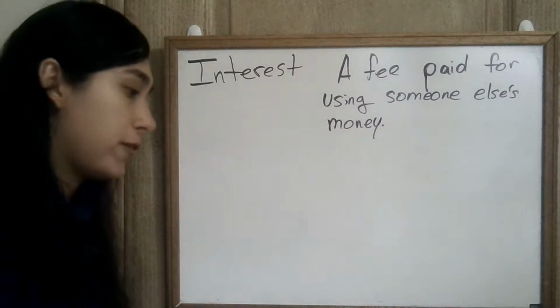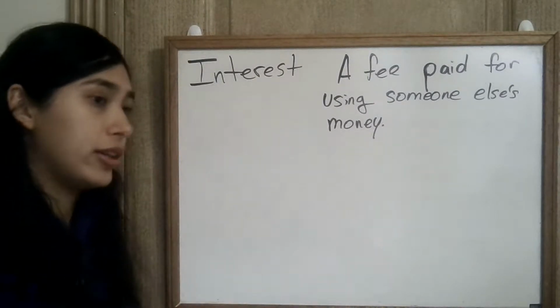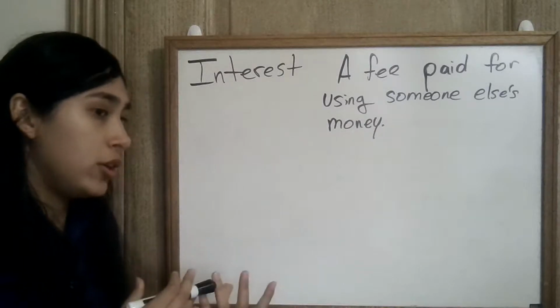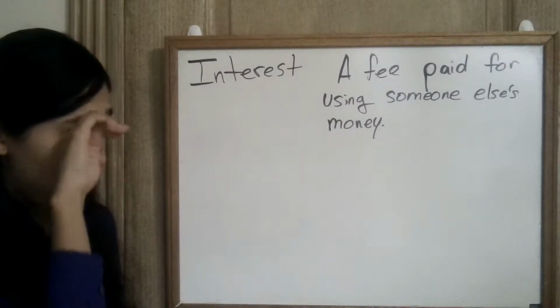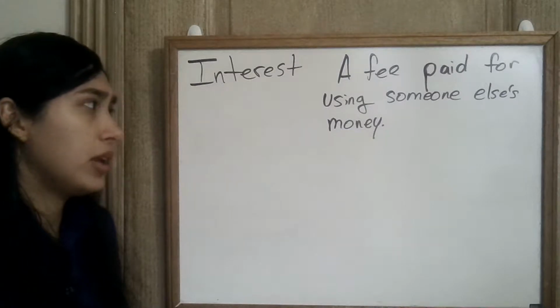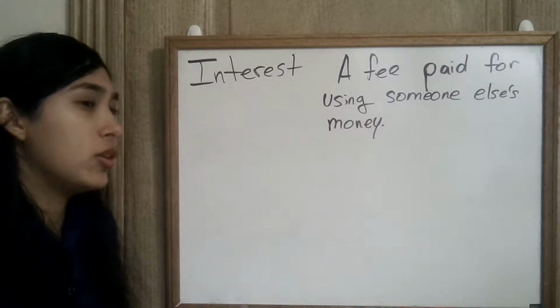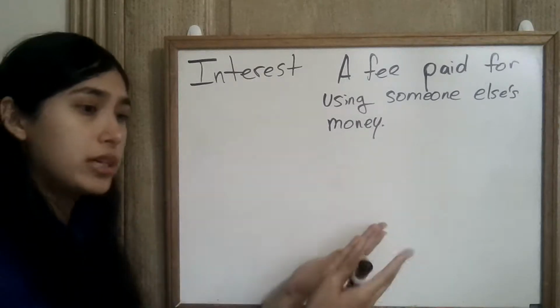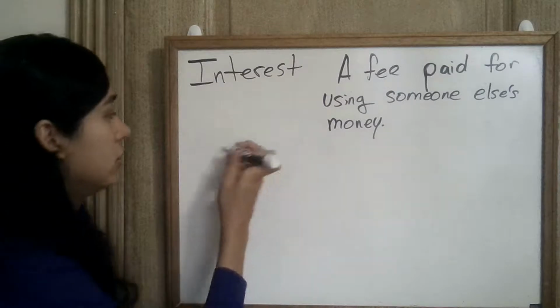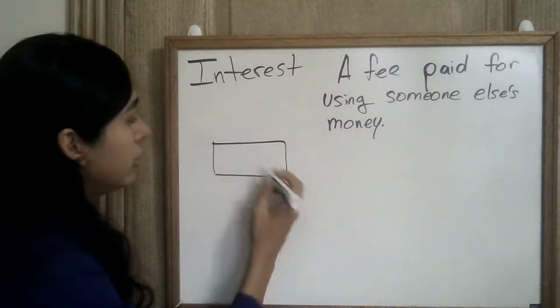So let's say that your friend says, hey, can I borrow $20? When you lend someone those $20, you run the risk of them not giving it back to you. And also, you won't really benefit if you give them the $20 and then they give you exactly $20 back.